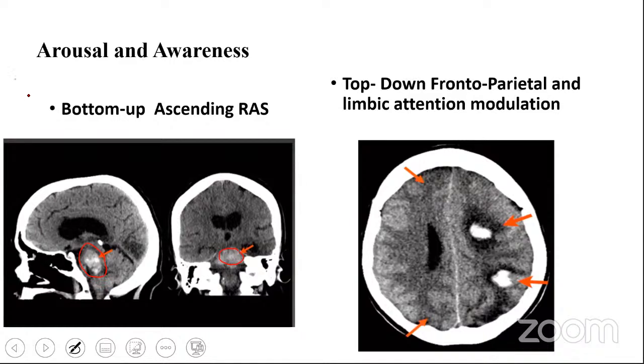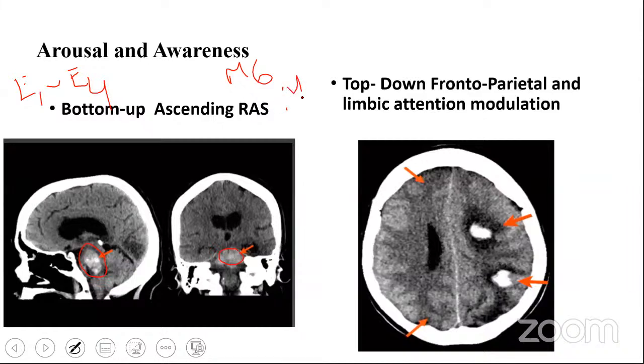So E is given E1 to E4. Then we ask him to obey the command, meaning show your tongue, lift your arm, hold my hand. If he is able to do this task, then it is called M6. If he is not obeying, you apply some pain on the sternum. Then if he puts his hand there, that is called localization, that is M5.